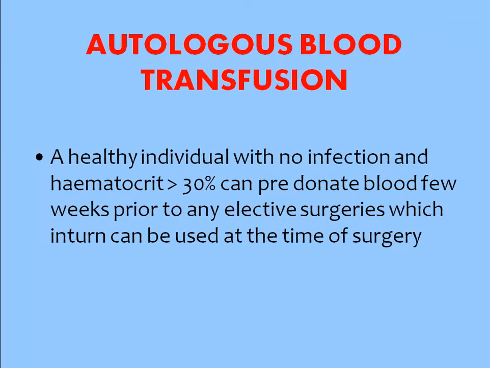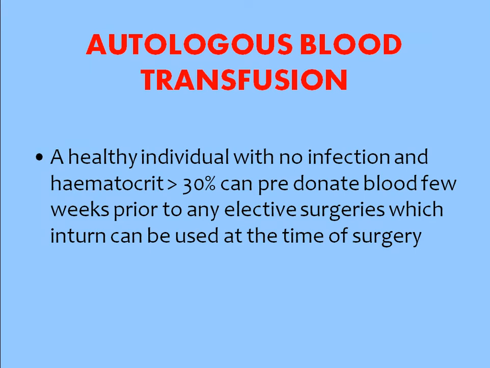What is autologous blood transfusion? In a healthy individual, when you are anticipating blood loss due to major surgeries, you collect the blood before 21 days of the procedure, then process it and store it for transfusion at a later date when it is necessary for the patient.